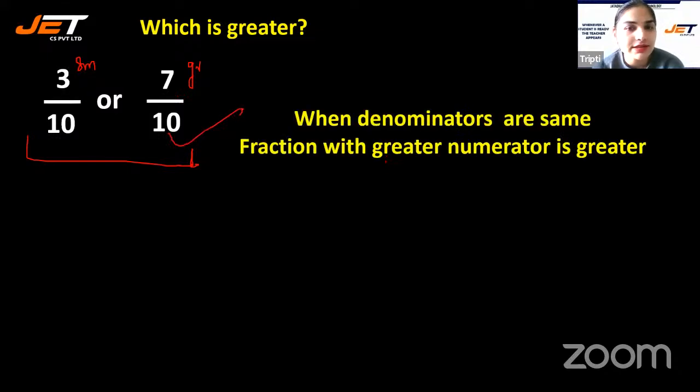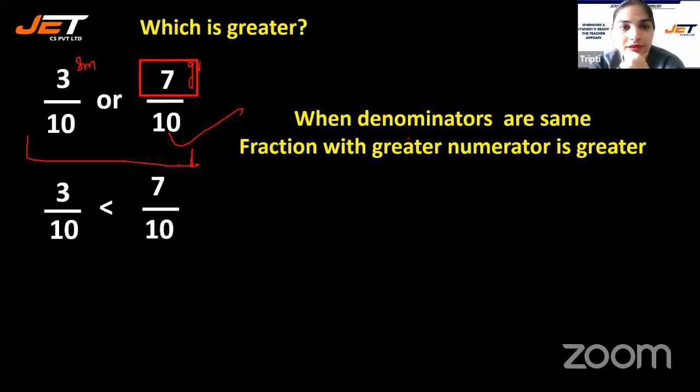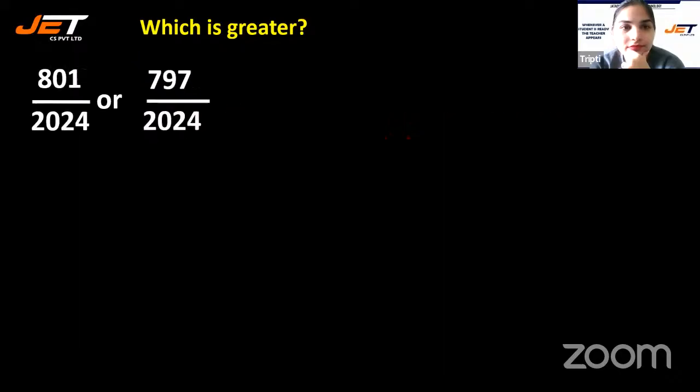When denominators are same, the fraction with greater numerator is the greater and the smaller numerator is smaller. Okay. 801 by 2024 or 797 by 2024. Come on, tell me.